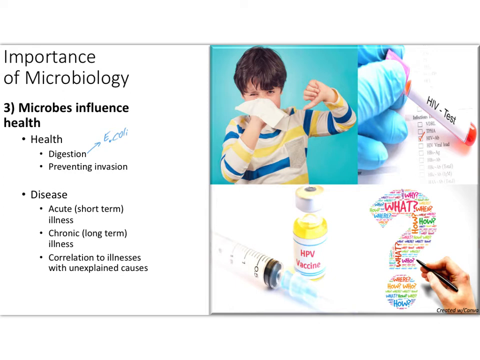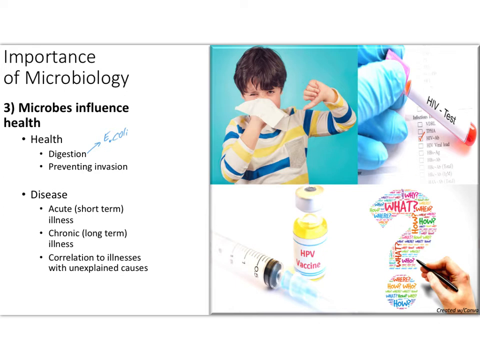Well, there are about 700 different types of E. coli, and maybe a handful of those, 5 to 7 of them, are involved in causing disease. But most of the other types are benign, meaning they don't cause disease, and some of them are even very helpful to us.